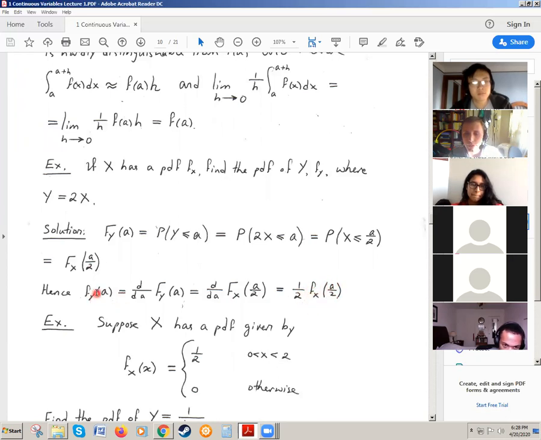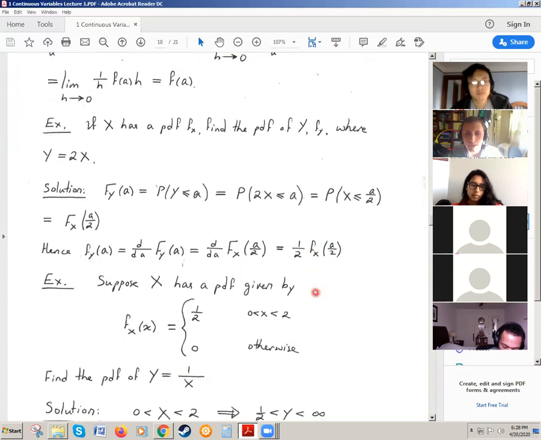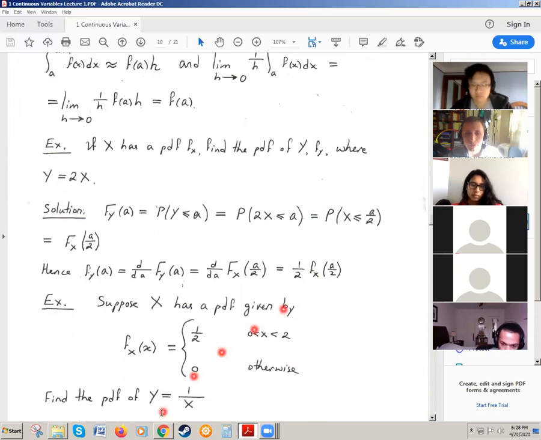Let's see if you can solve this problem, please. So I hope you can see everything on my screen. Suppose that x has the following distribution. x can take values between 0 and 2, and it has no preference which values it takes.